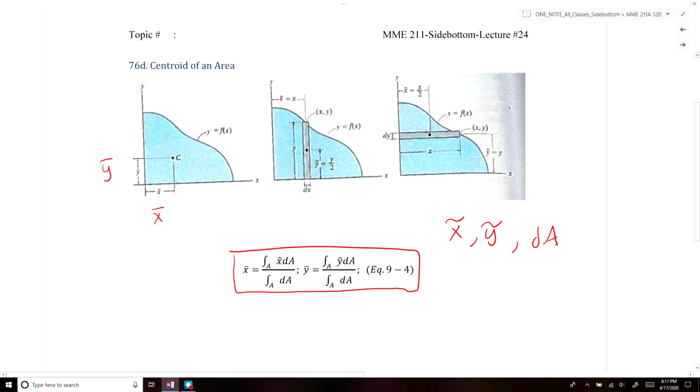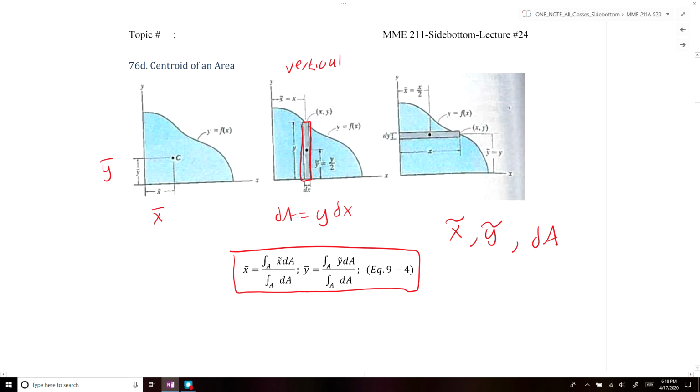You can do that using either a horizontal element or a vertical element. We have a vertical element in the middle here, where our dA would be equal to the area of this small differential element, which is y times dx.